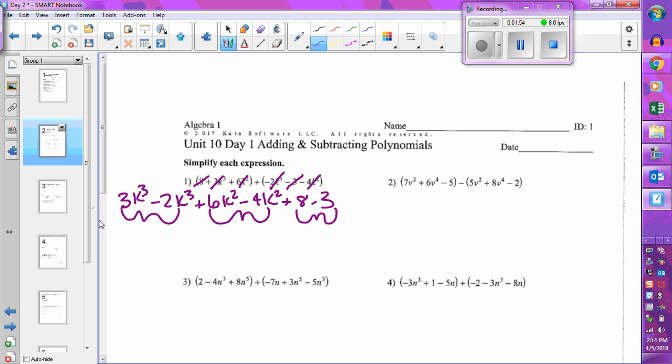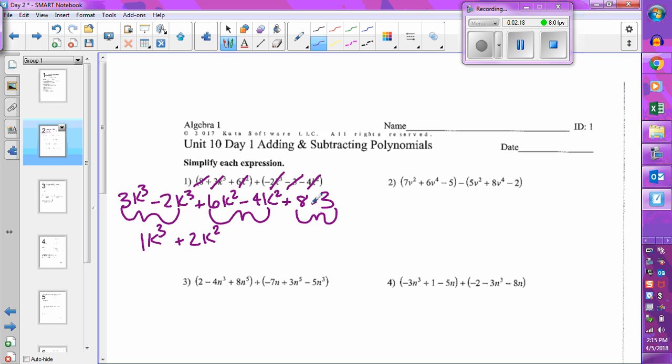So that's going to leave me with k to the third degree, which is the same thing as saying 1k, okay? And I have a positive 6k to the second degree and a negative 4k to the second degree. Remember, we're combining like terms. So that's going to give me a positive 2k to the second degree.